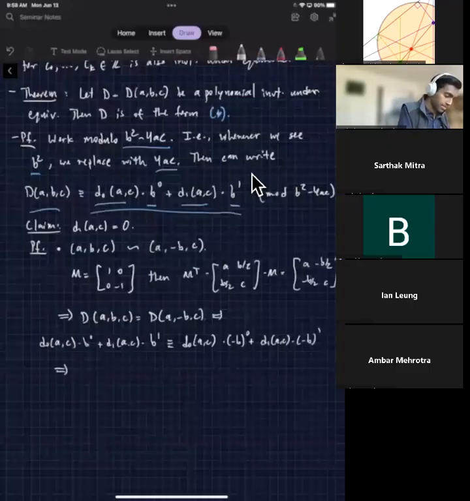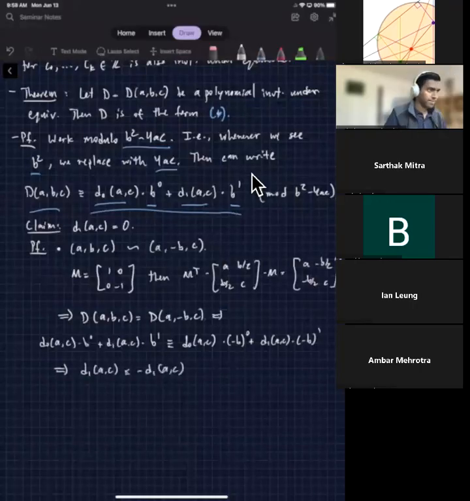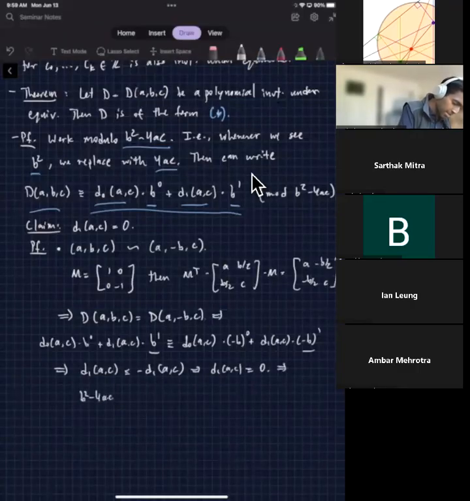And then that implies that d1(a,c) is congruent to its negative, just by comparing the b to the 1 coefficients. So if d1(a,c) is congruent to its negative, that implies that d1(a,c) is congruent to 0, which means that b squared minus 4ac divides d1(a,c).